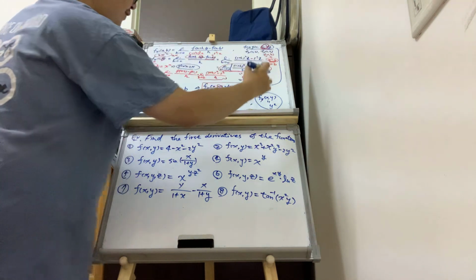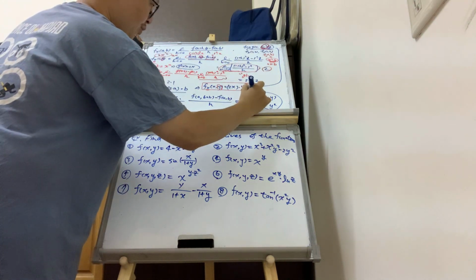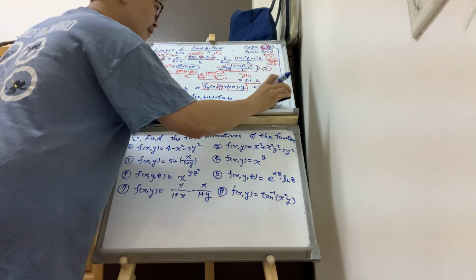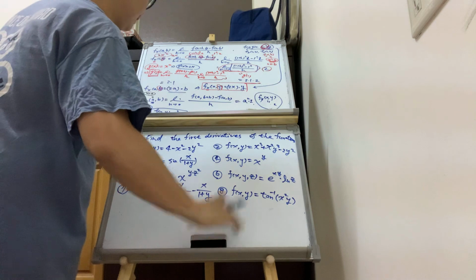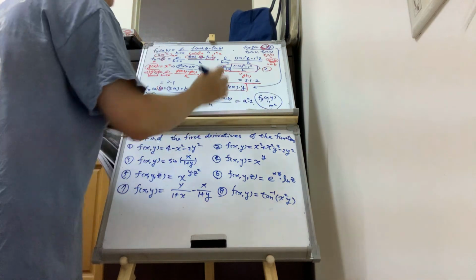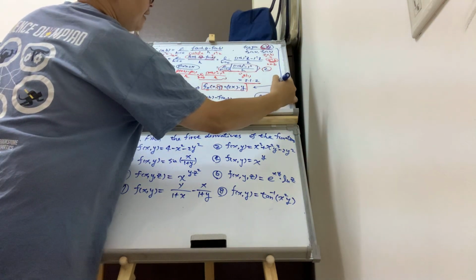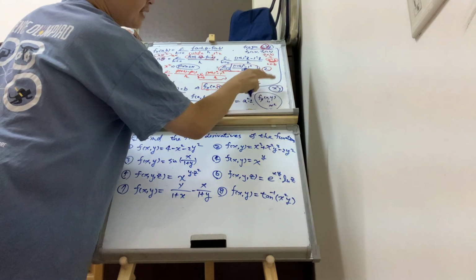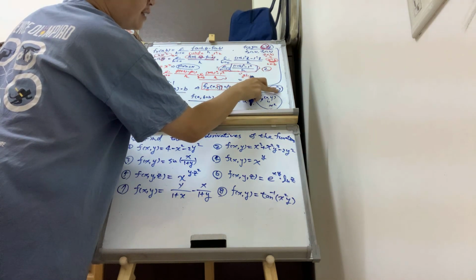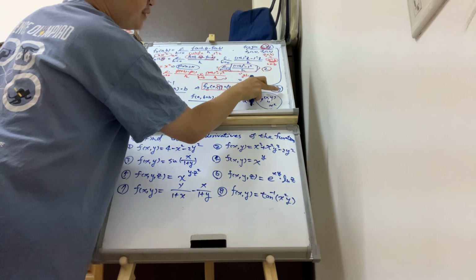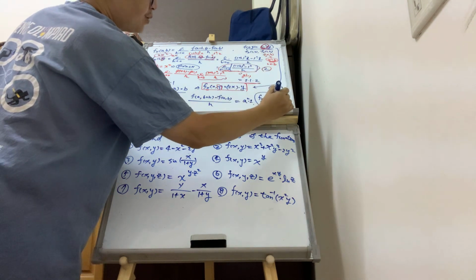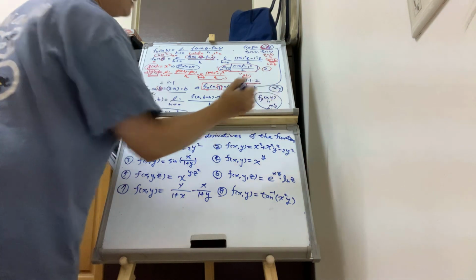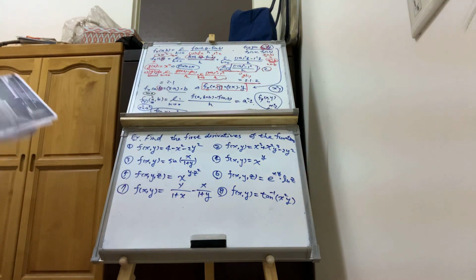Y's derivative is 1. So in general, it's x squared times y. If you view x squared as a constant, then we just have the variable y, and y's derivative is 1. So x squared times 1 is exactly x squared.